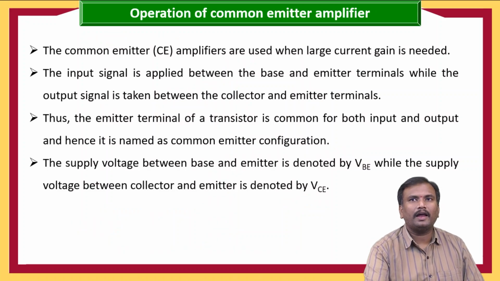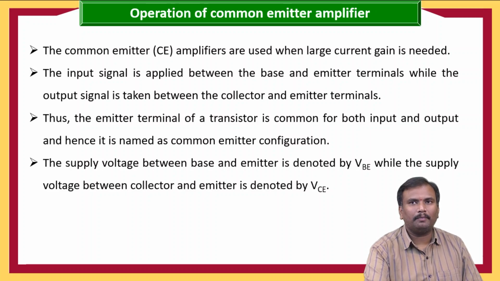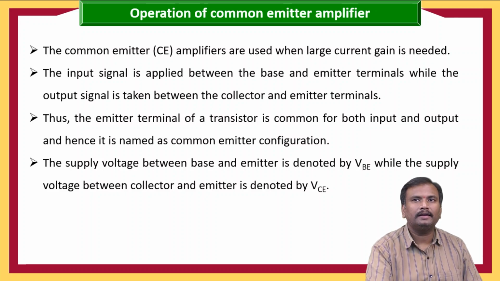Common emitter amplifiers are used when a large current gain is needed, with the input signal applied between the base and emitter terminals, while the output signal is taken between the collector and emitter terminals.